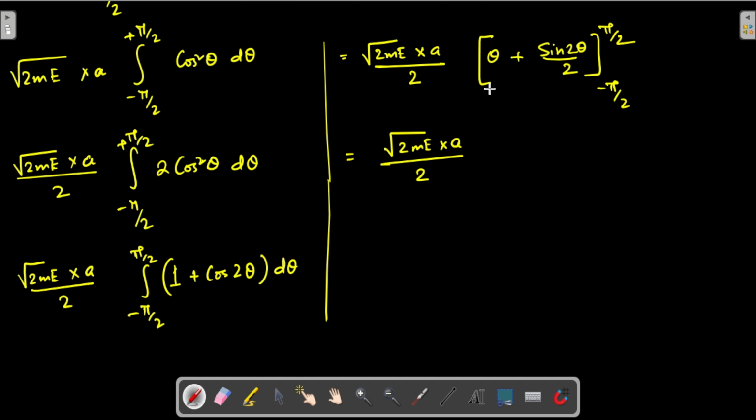Then it can be written as pi by 2 plus pi by 2, because minus and minus multiplied become plus. And the other term becomes 0.